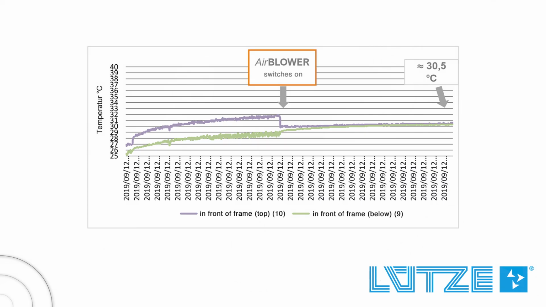Within less than 10 seconds, we see the 2 temperature levels converge. This establishes a moderate temperature range well within acceptable limits. In this case, simply by designing for actual needs and installing the air blower, we were able to optimize the cabinet's climate very easily.